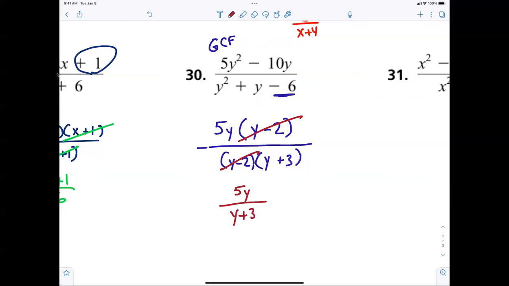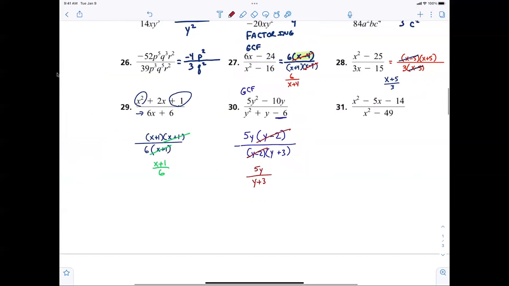Now, can I cross out the y's now? No. Things bounded by addition and subtraction cannot be crossed out. They must be bounded by what? Multiplication and division. So please listen for a second.